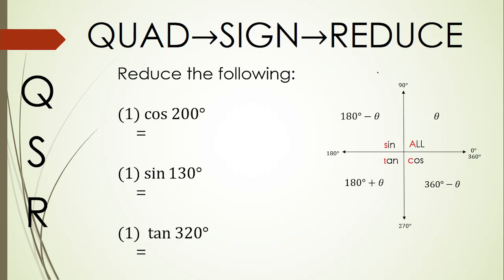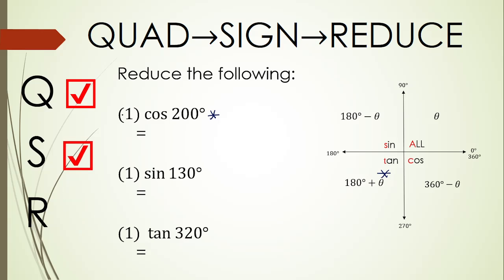Okay, so I've drawn this thing on the side here, just so I've got my reductions, all my ratios and where they're positive, where they're negative, and all that information. So we're going to look at the quad. Where is 200? I'm going to do this one in blue. 200 is roughly in this quadrant somewhere, right? So I've got the quadrant.